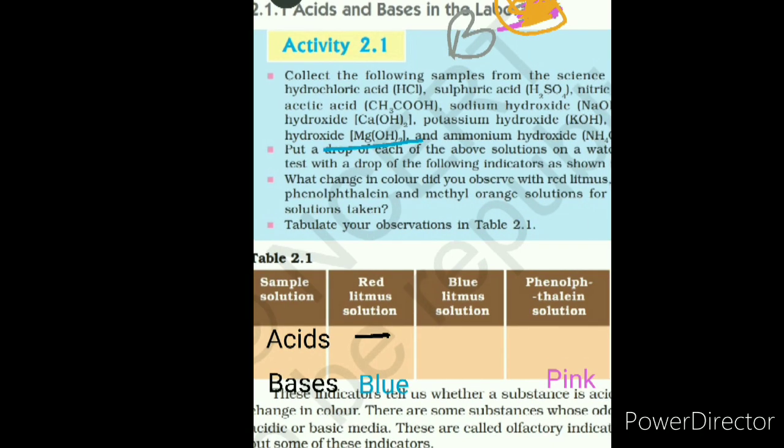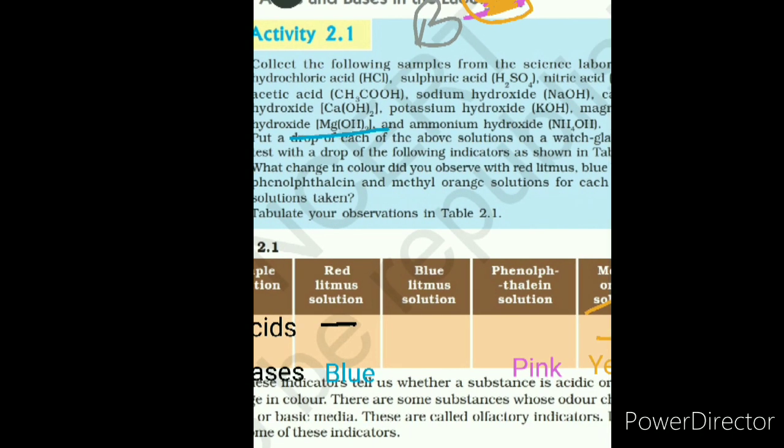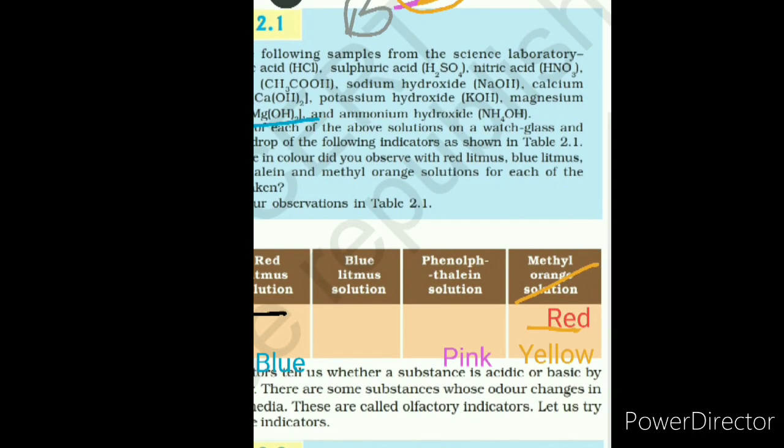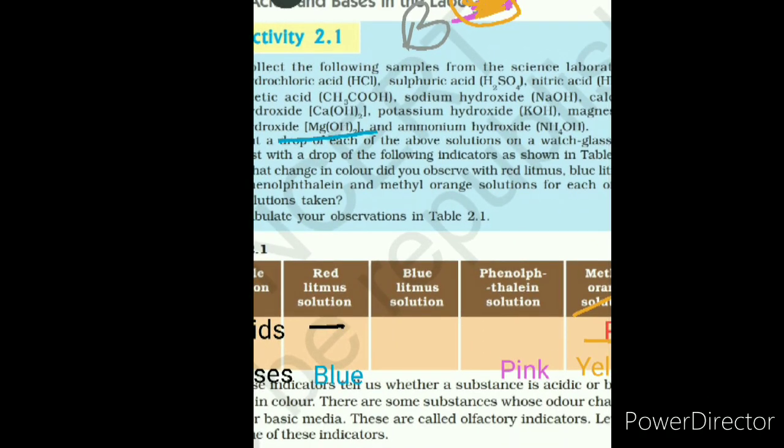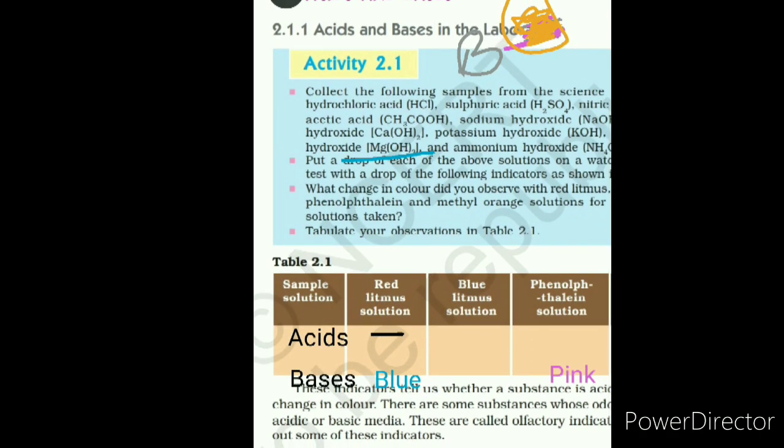So actually, these indicators, litmus paper, methyl orange or phenolphthalein, tell us whether the substances are acidic or basic by changing colors.